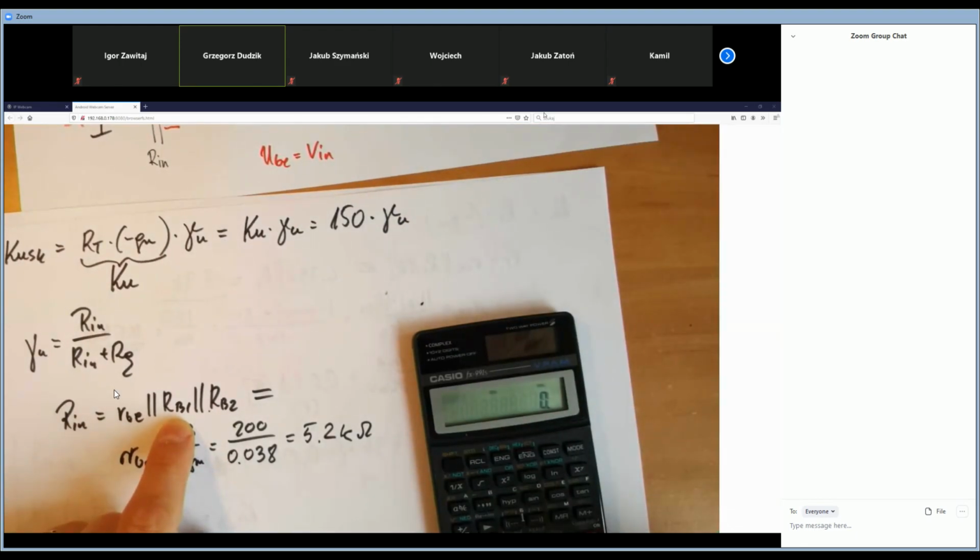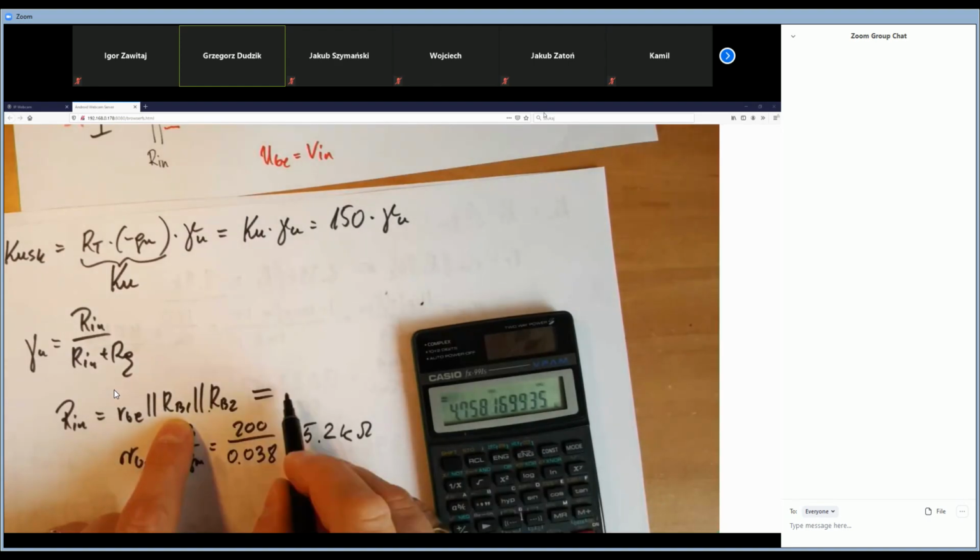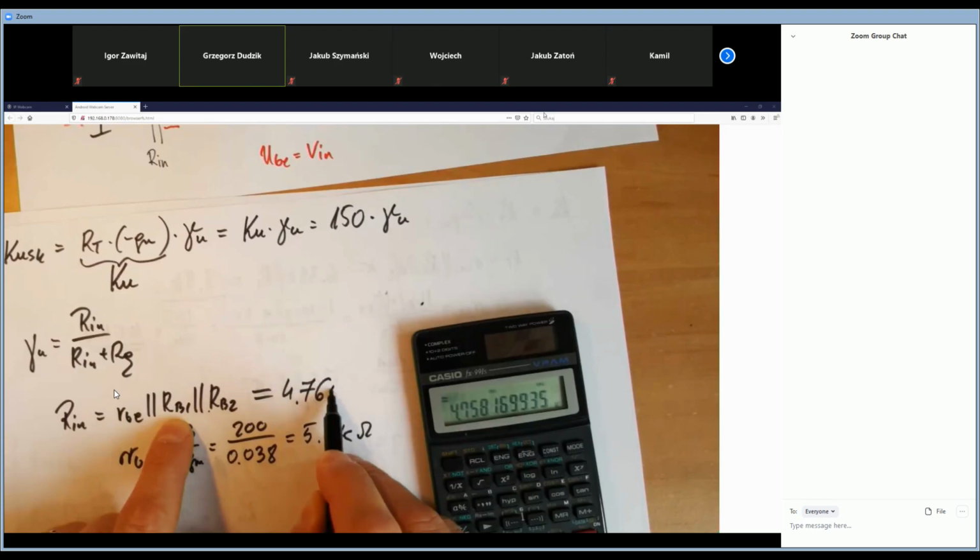So 5.2 kilos times 56 kilos, and we have to divide it by 56 kilos plus 5.2. So it is 4.76 kilos around.